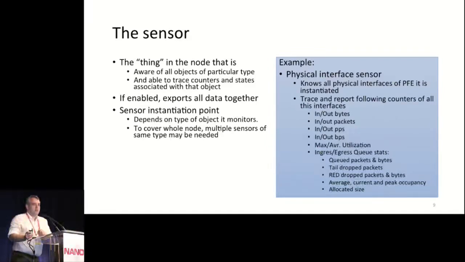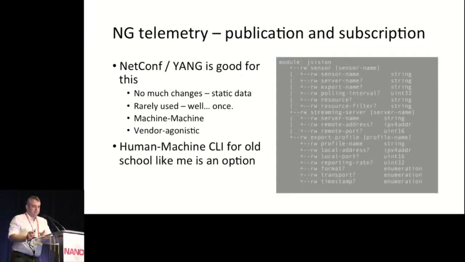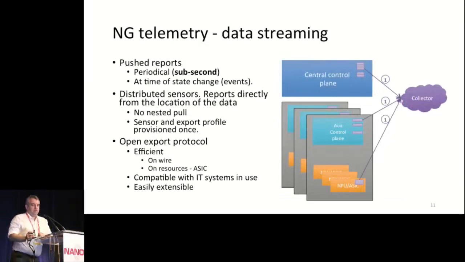So the point in the system where the raw data are collected is also the place where the data are exported. I skip the publishing and subscribing part. For data streaming, exporting actual data from the element, there is either a periodical push model or asynchronous, state-change-driven publication of the state change data.